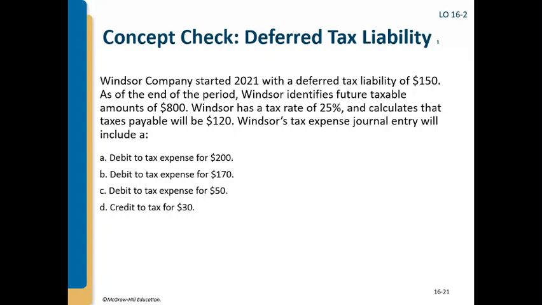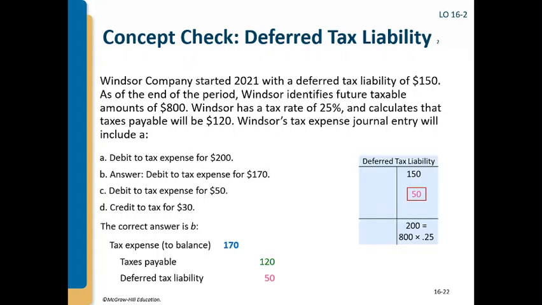So their tax expense journal entry will be, let's see. Let's just figure it out. All right, so tax expense is going to be the 170.